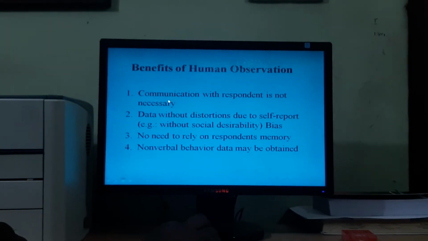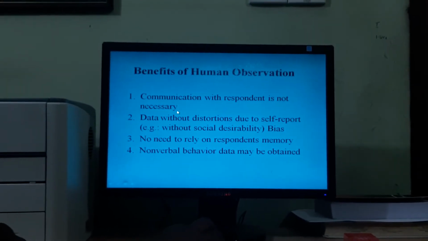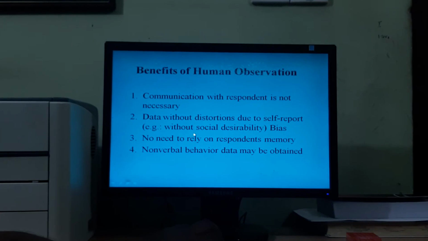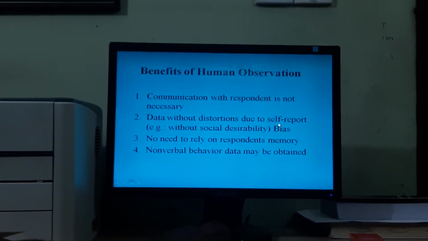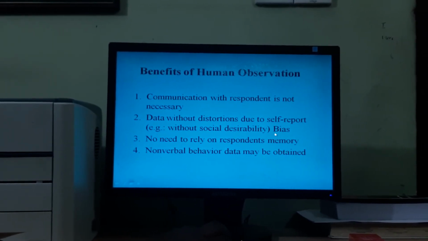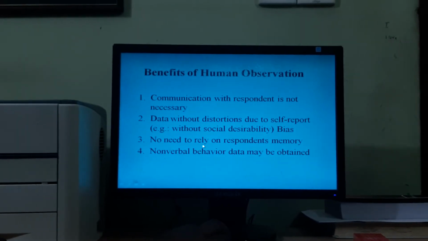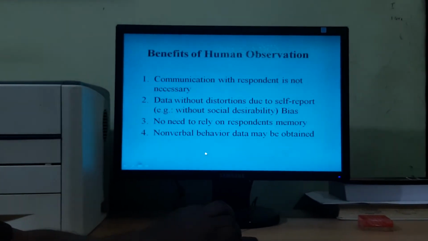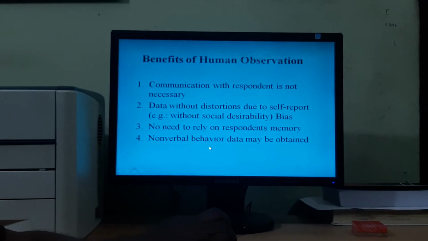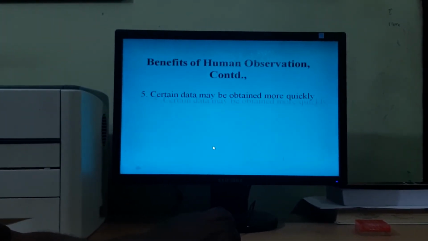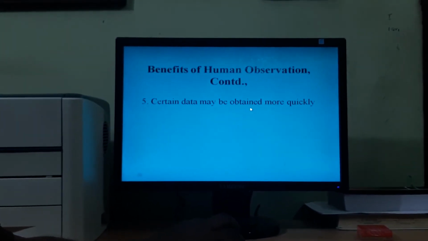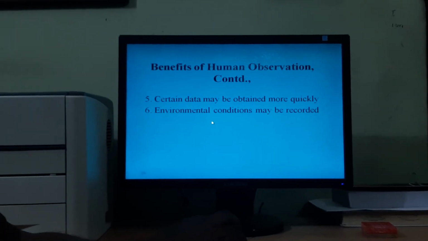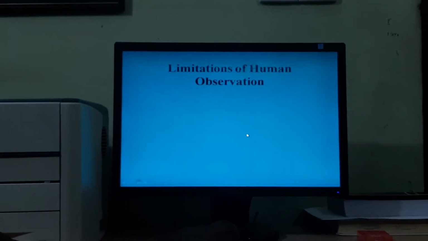Dear students, now we shall see the merits and demerits of human observation. Benefits are: communication with the respondent is not necessary, data without distortion due to self-report, for example, without social desirability bias, no need to rely on the respondent's memory, non-verbal behavior data may be obtained, certain data may be obtained more quickly, and environmental conditions may be recorded.